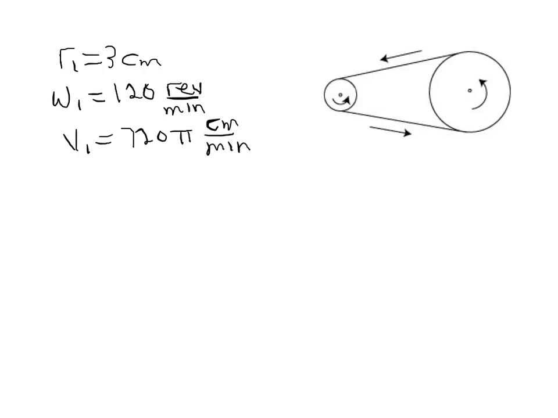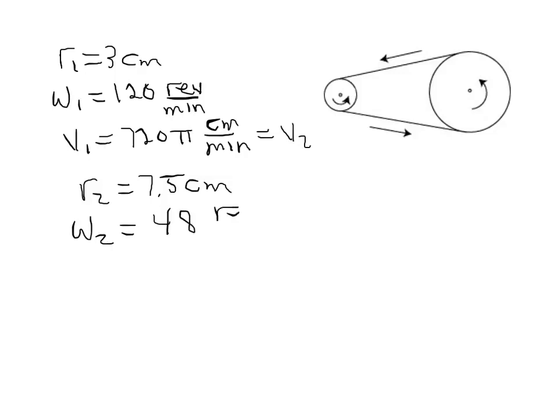And of course, the thing that connected the two pulleys was basically the fact that they're connected by a belt, so their linear velocities are the same. With that, then, we were able to use the radius of the larger pulley, 7.5 centimeters, to determine that the angular velocity was 48 revolutions per minute.